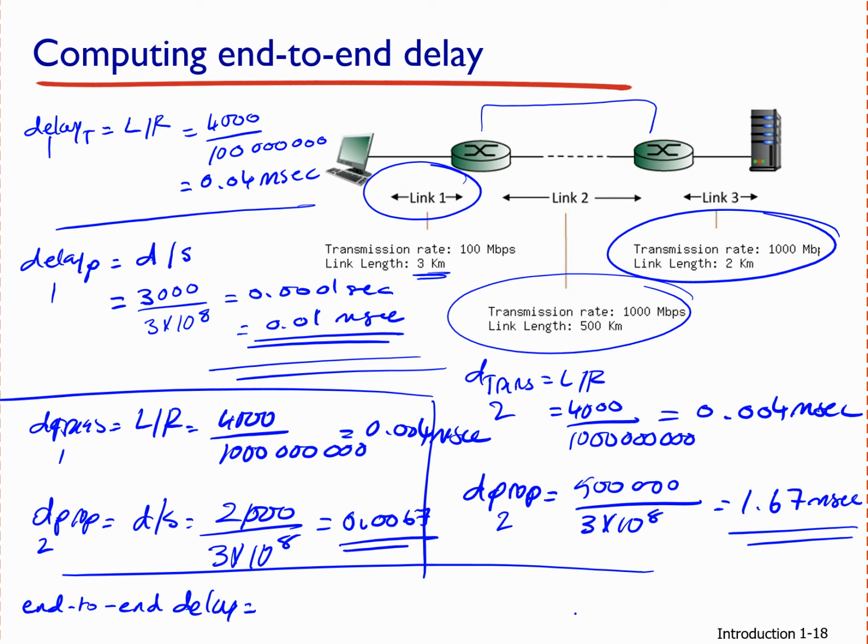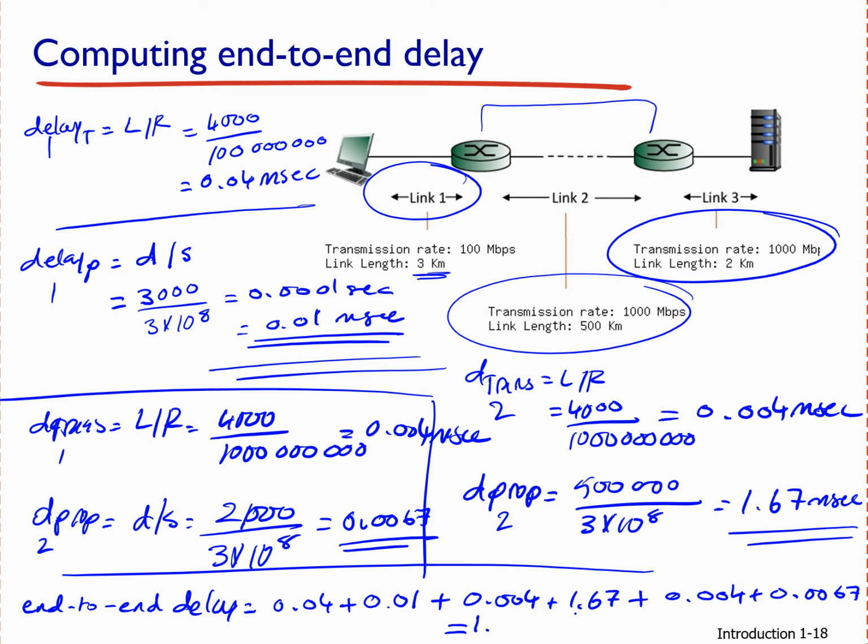And now after we got all this, we can do the total or the end-to-end delay, which equals all these delays. That's the transmission delay plus the propagation delay of the first link, plus the transmission delay of the second link, plus the propagation delay of the second link, plus the transmission delay of the third link, plus the propagation delay of the third link, and that will equal 1.73 milliseconds.